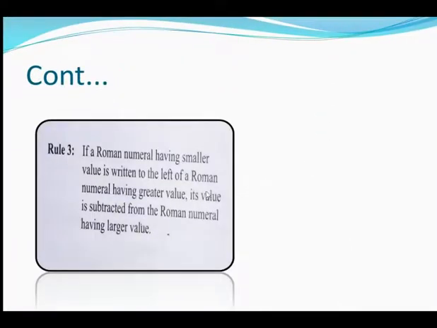Rule 3 says, if a Roman numeral having smaller value is written to the left of a Roman numeral having greater value. In rule 2 we wrote the smaller value to the right and added. And if we are writing to the left of the greater value, then its value is subtracted.